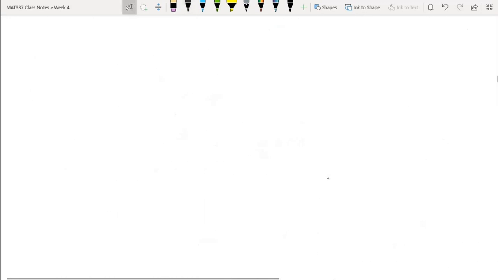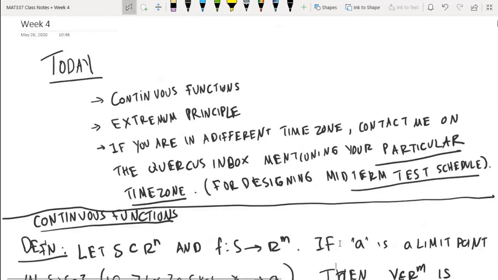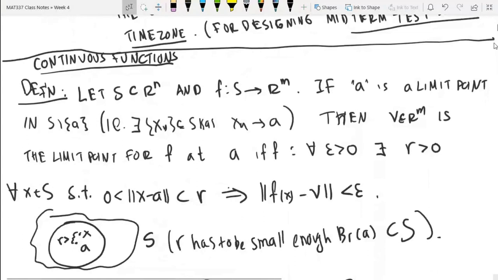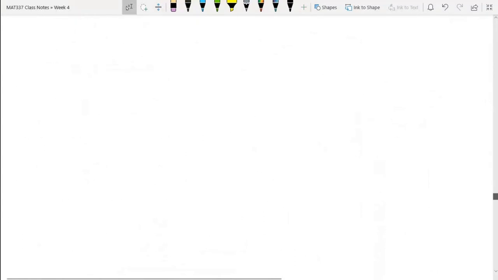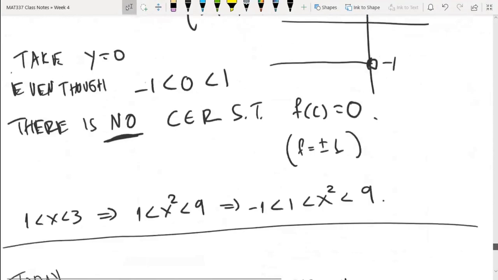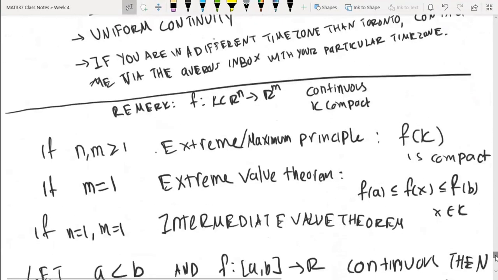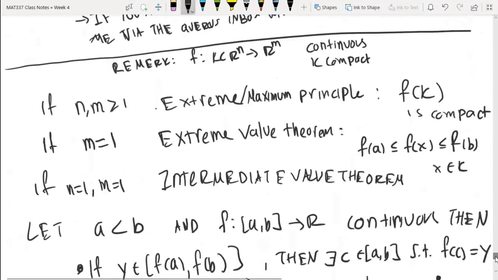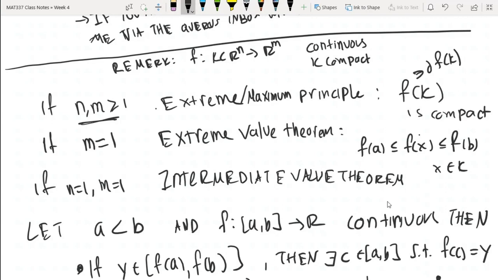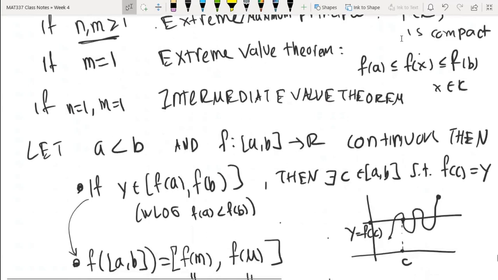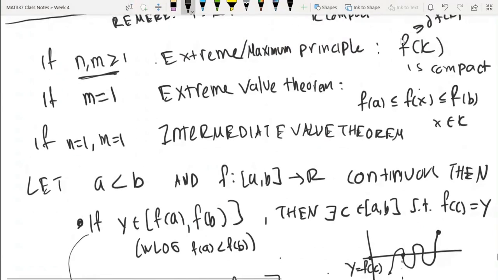So the progression is, for general dimension, you might not attain, how do you say this? So f of K being compact means it contains its boundary. So that's the general statement.